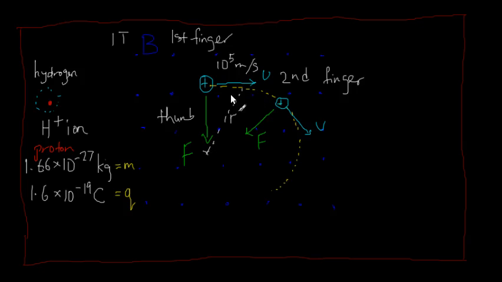For circular motion, we have learned in a very early video about the centripetal force, and the equation for centripetal force is given by F equals mv squared over r. That relates the force to mass, velocity, and radius, which is what we want.